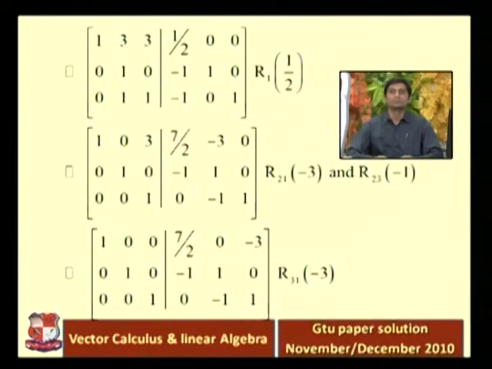Now the next process: we multiply the third row by -3 and add it to the first row.